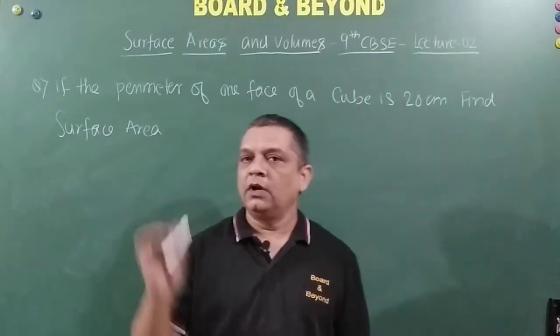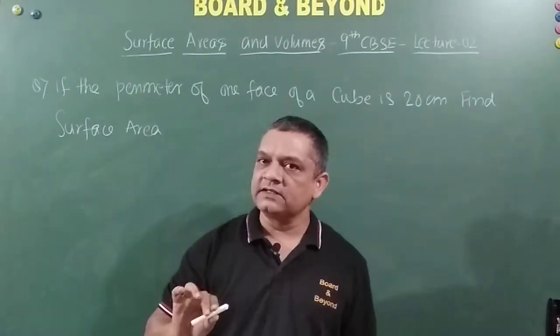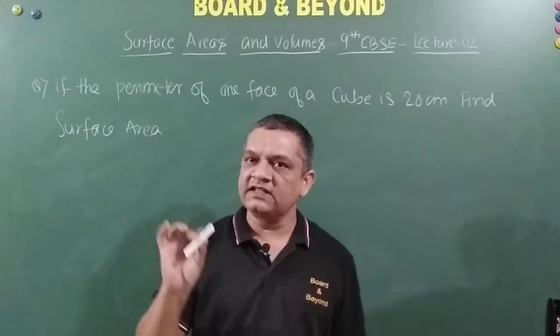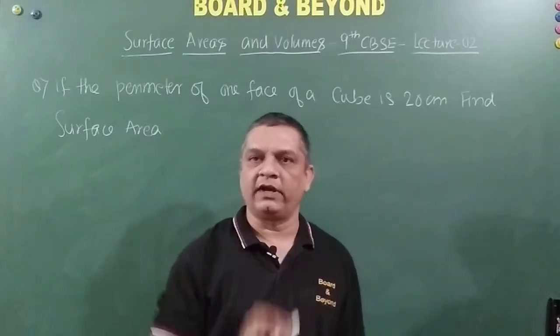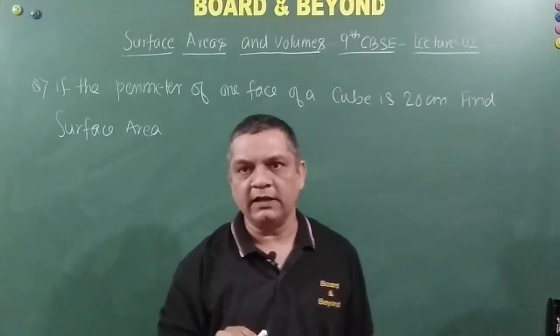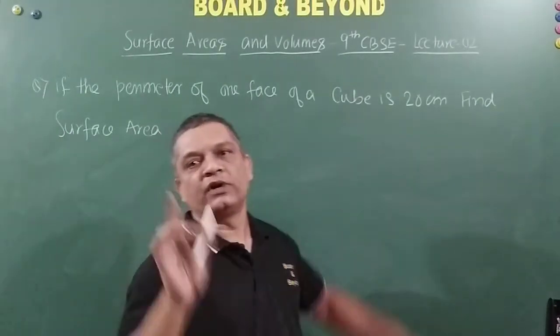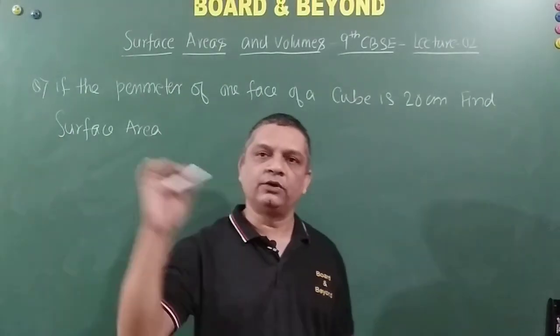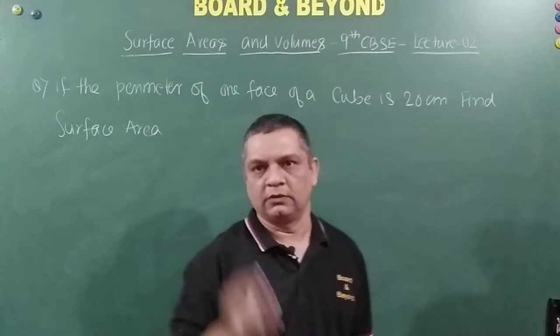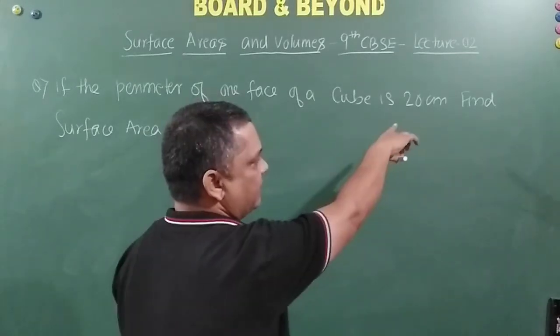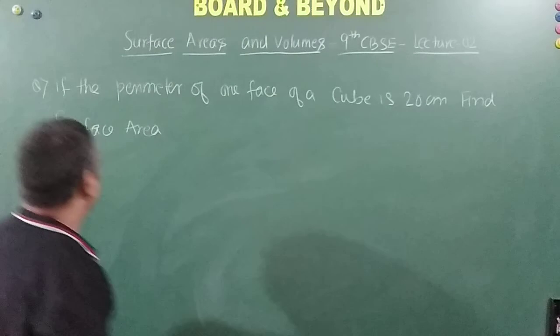So what will be one surface of a cube? One surface of a cube is always a square. Do you all agree with me? So that square has a perimeter of 20 centimeter. This is how basically you need to zero it down, right?